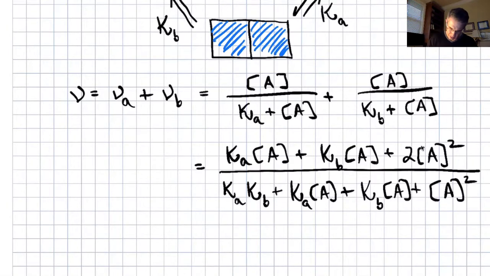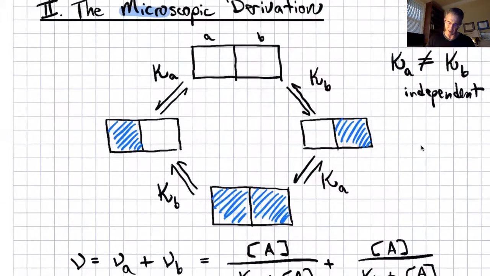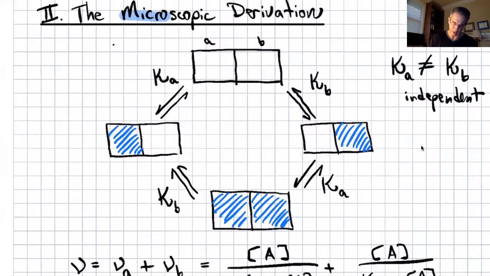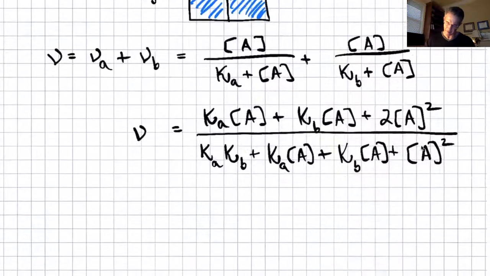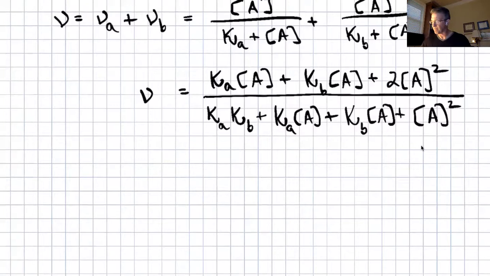That's our degree of binding expression for this explicit so-called microscopic view of binding. Microscopic because we're looking individually at a particular binding site and its associated individual site affinity.